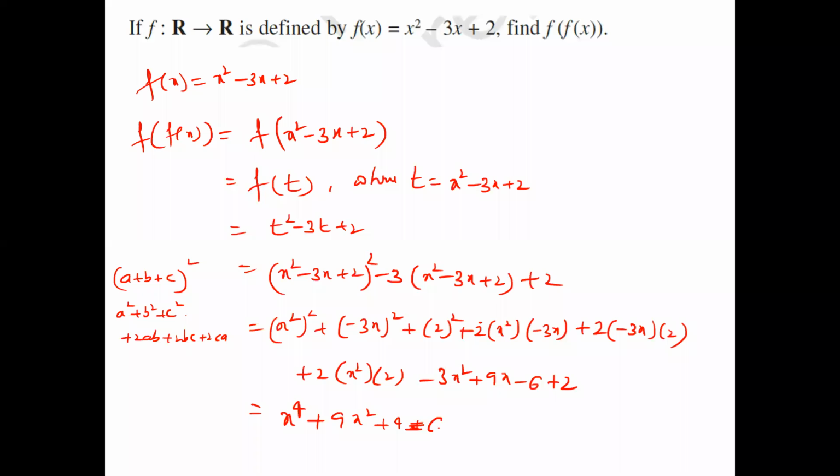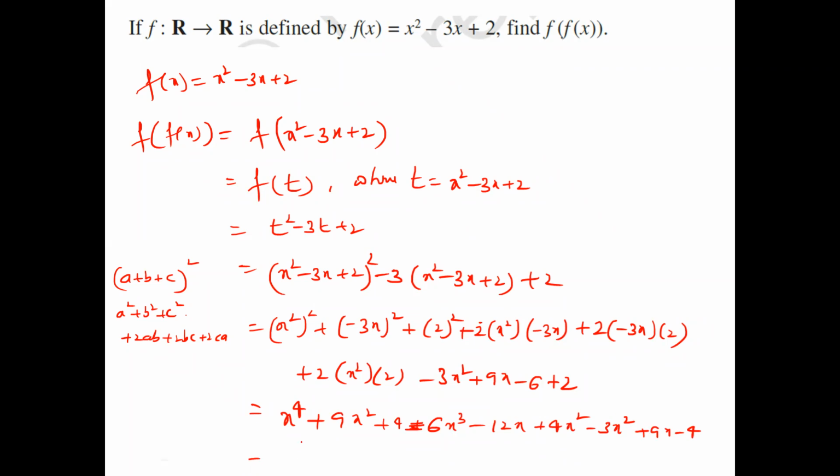Minus 6x cube, here minus 12x, here 4x square, minus 3x square plus 9x minus 6 plus 4, that means minus 4.